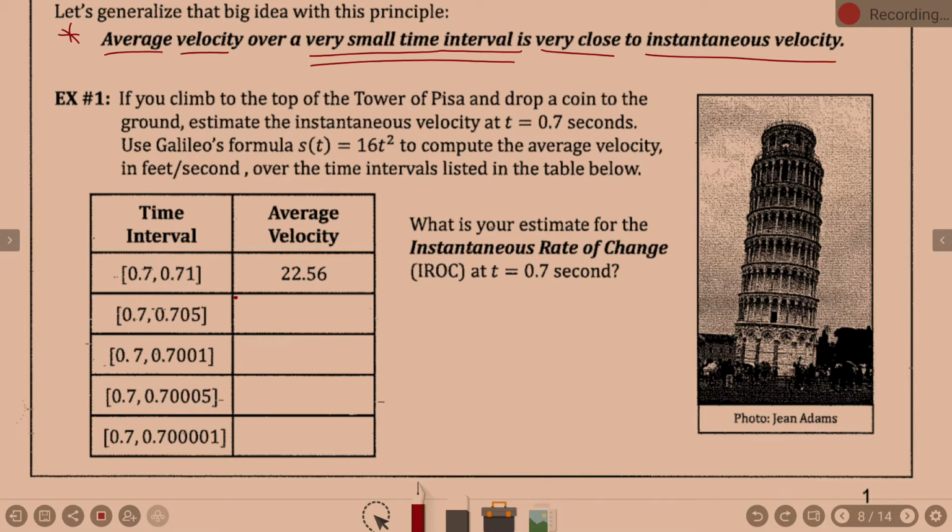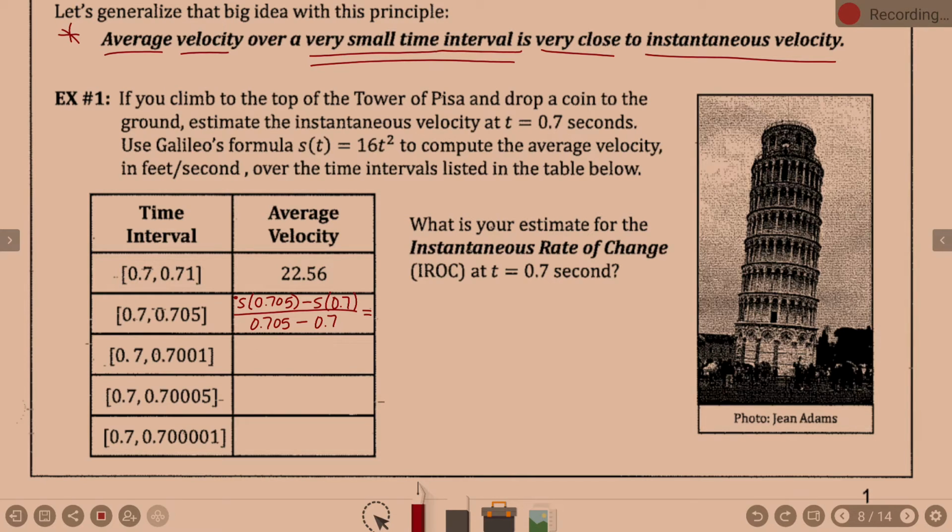Not plug in just one value, but plug in both values. It's going to be the difference between the two. Okay, so think of this as doing S of 0.705 minus S of 0.7 all over 0.705 minus 0.7.